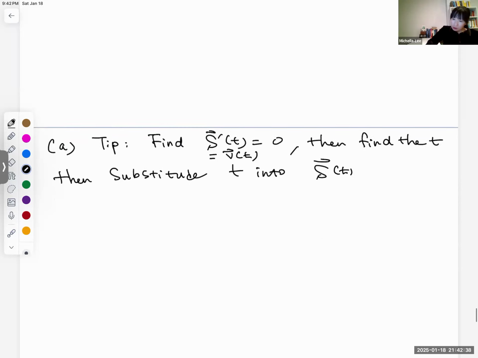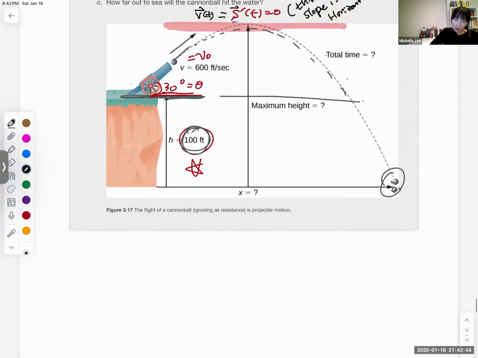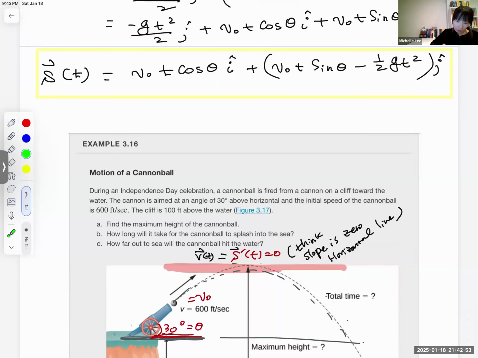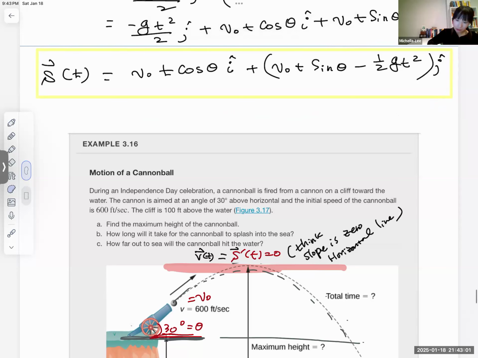Okay, so let's do it. V naught, we had V naught equal to 600 feet. Let's bring the formula first. So we are using this formula, the position vector. Okay.